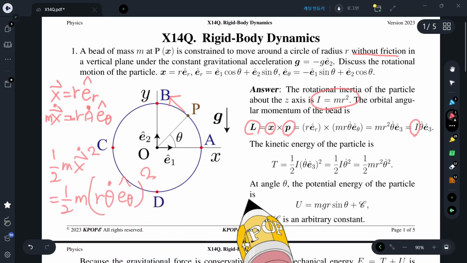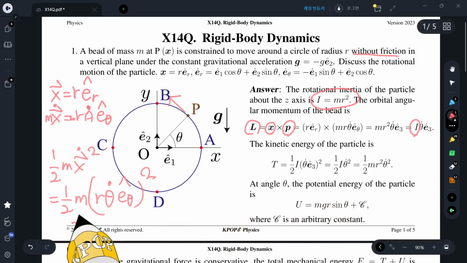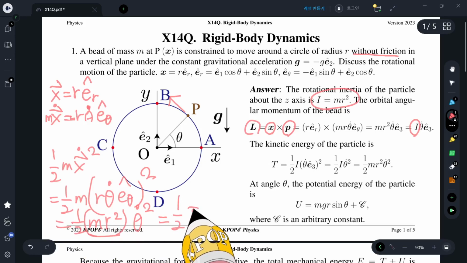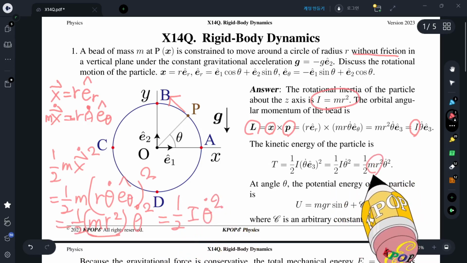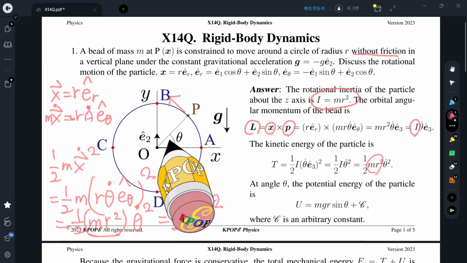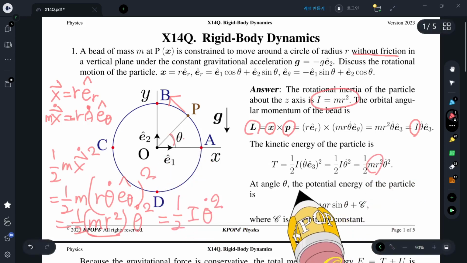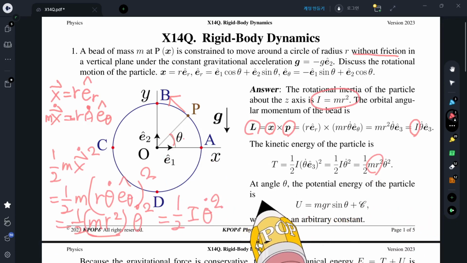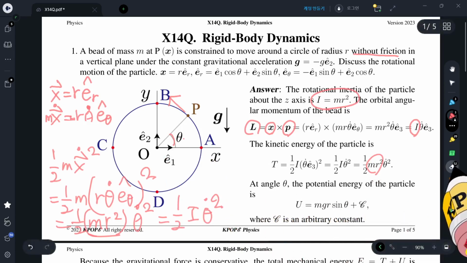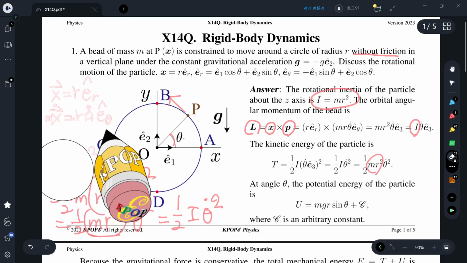So what we have is one half m r squared theta dot squared. So this is I: one half I theta dot squared. I is m r squared.